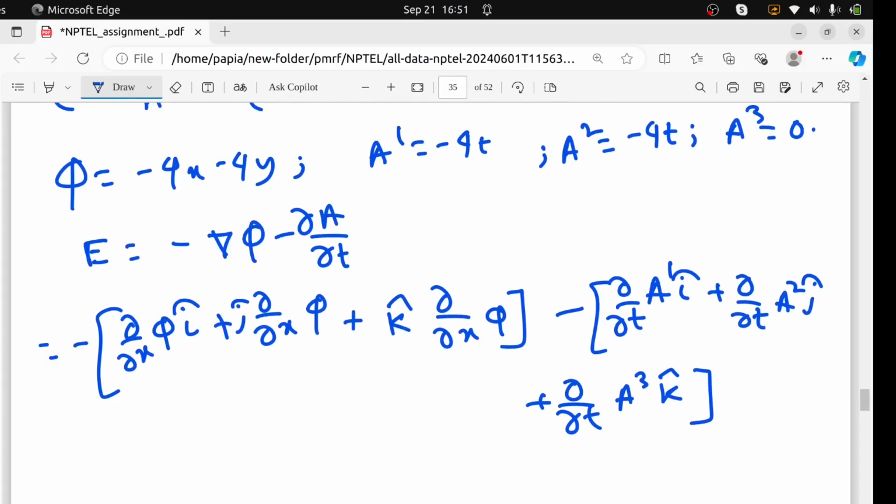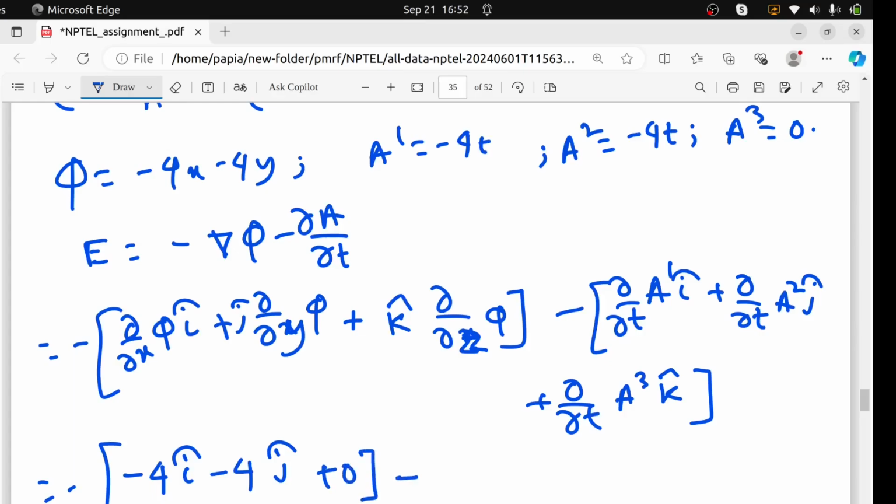So you can see here phi is minus 4x minus 4y, so with respect to x only, it will give us minus 4 i cap. Now coming here, oh, this is y, this is z, sorry. So with respect to y, it will be minus 4 j cap. With respect to z, it is nothing because there is no component of z in phi, so it will be 0.